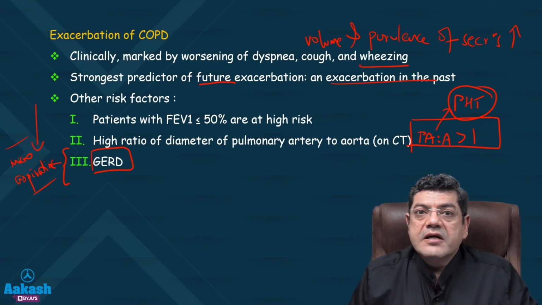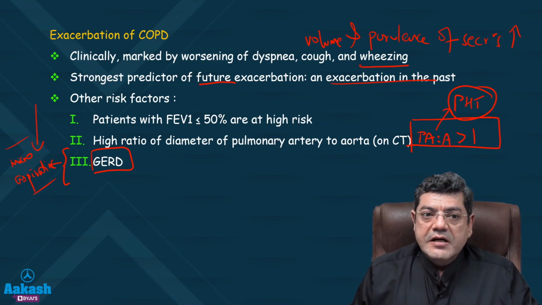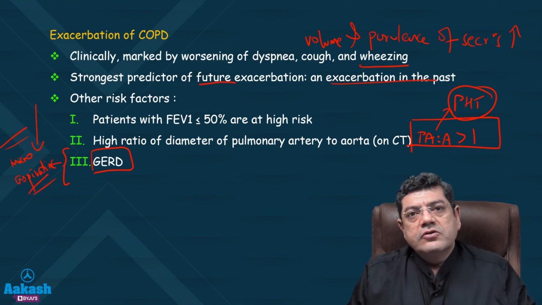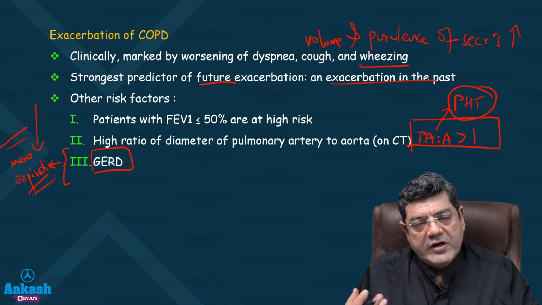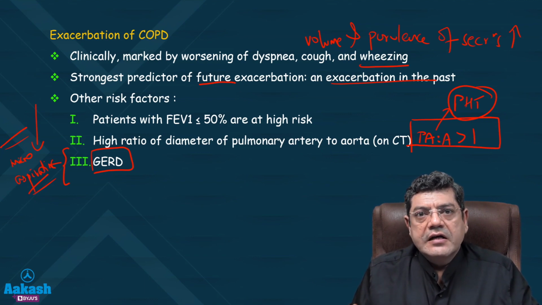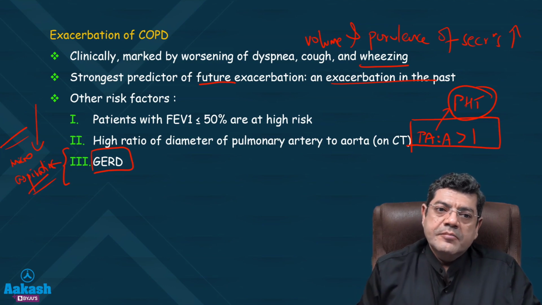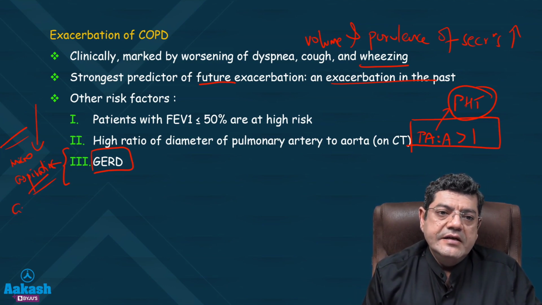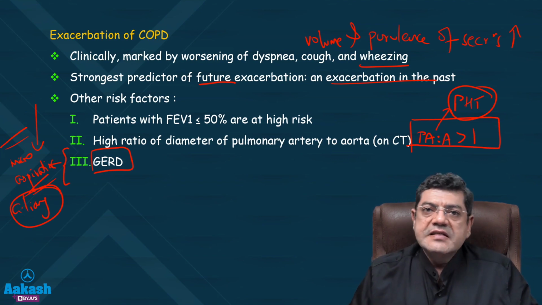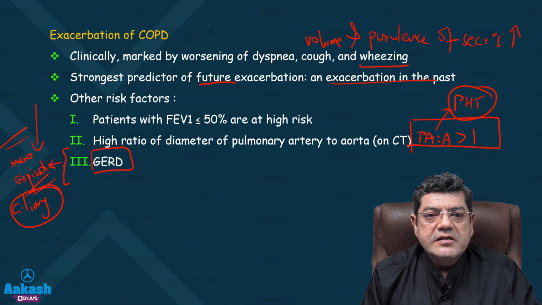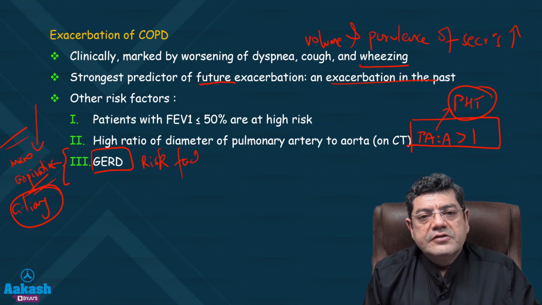All of us microaspirate when we sleep, but we clear those microliters of aspirated content by the normal ciliary activity of the upper airway. Since that is compromised in the COPD patient, GERD is a risk factor for exacerbation in COPD.